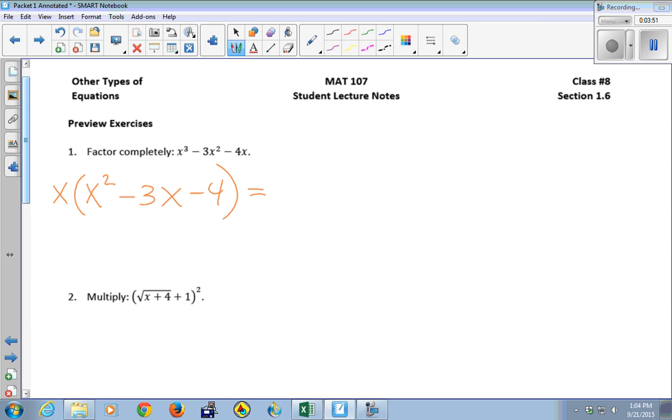Yeah. The coefficient on my x squared is a 1, so what I'm looking for are 2 numbers that multiply to negative 4 and add to negative 3. So I've still got the x from the previous step. And then this could factor to x minus 4, x plus 1. All right, so a little review of factoring. That's going to be helpful later.